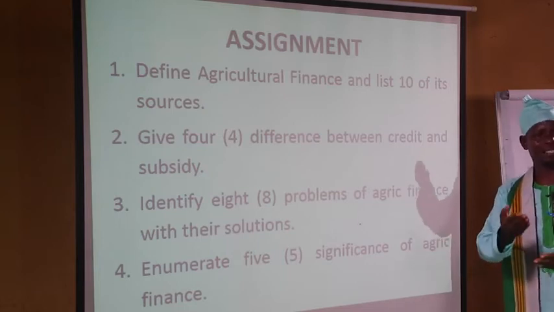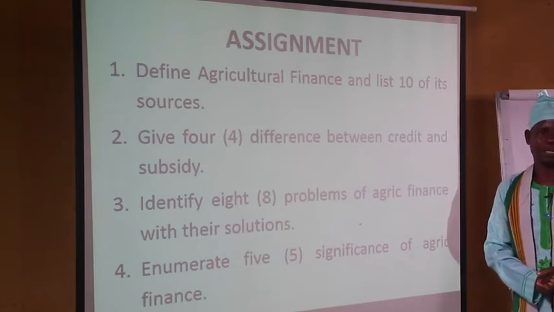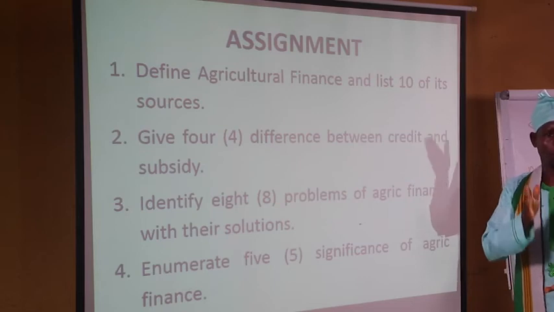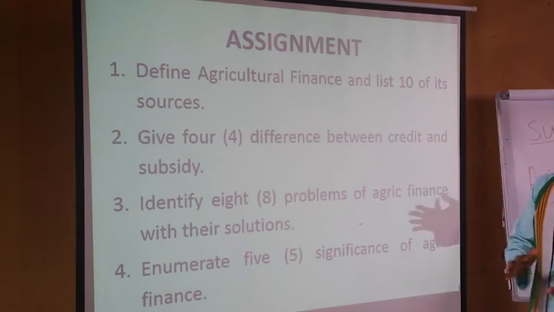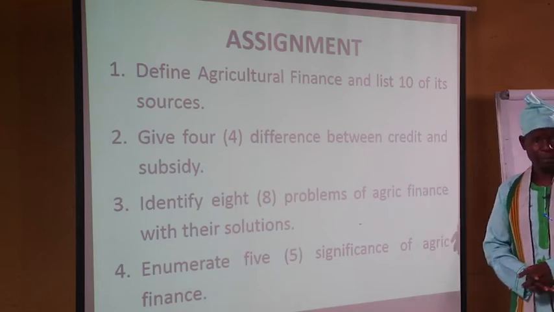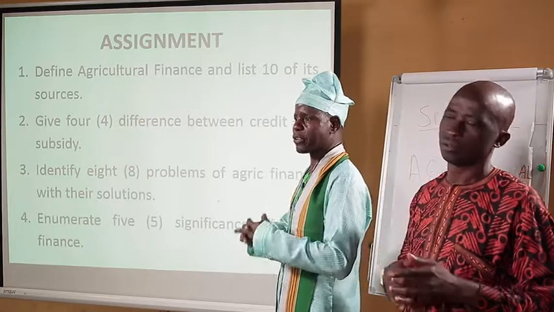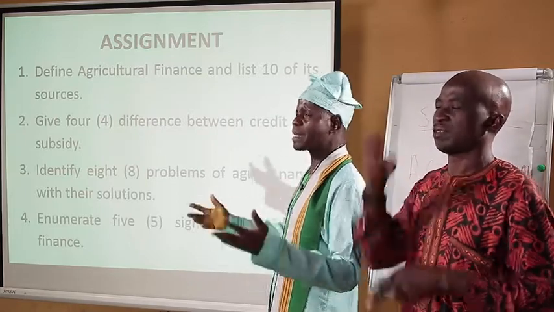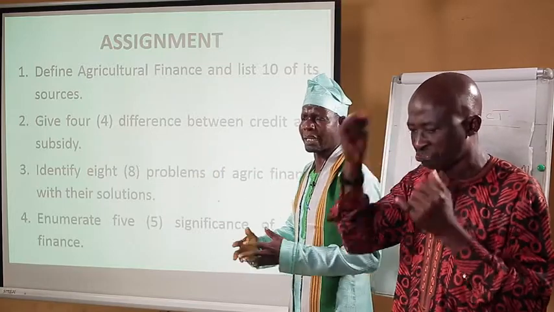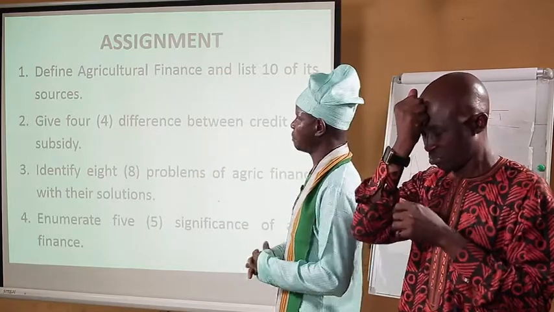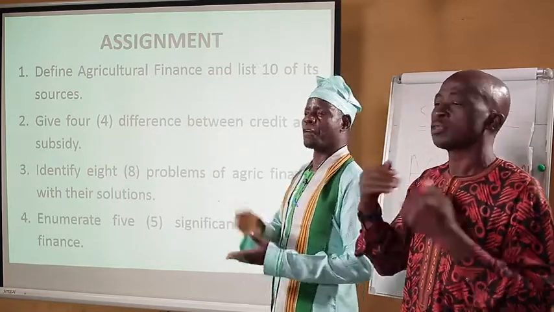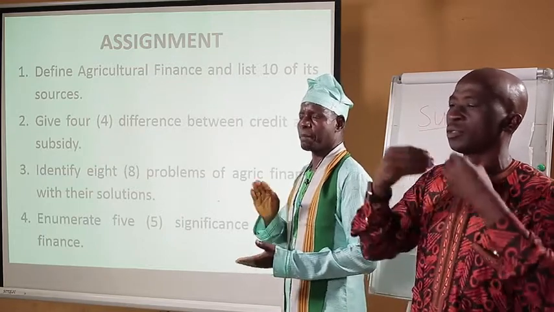We went as far as tracing the problems before a farmer could obtain a loan. One of them is high interest rate. Farmers are discouraged because the interest rate is very high. Some farmers are even illiterate. They don't even know that such a loan exists for them. And we provided solutions to these problems.